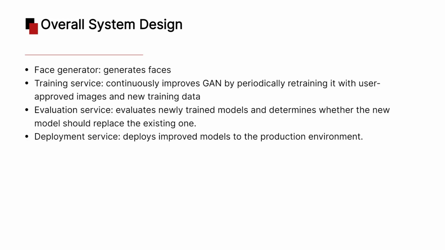Once approved, the deployment service seamlessly rolls out the updated model to production. It handles version control, model loading, and ensures minimal downtime so users always have access to the latest and best model. Together, these components form a closed feedback loop that maintains model quality, incorporates user feedback, and delivers consistent, realistic human face generation.